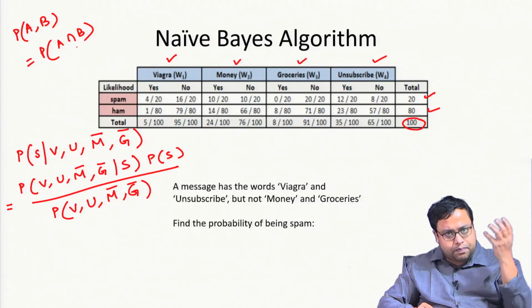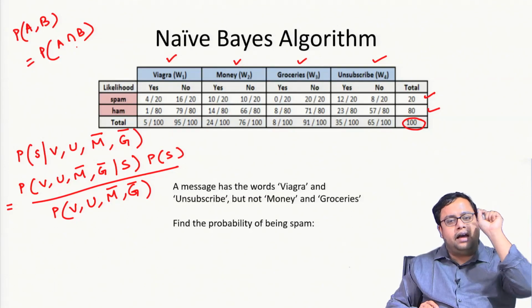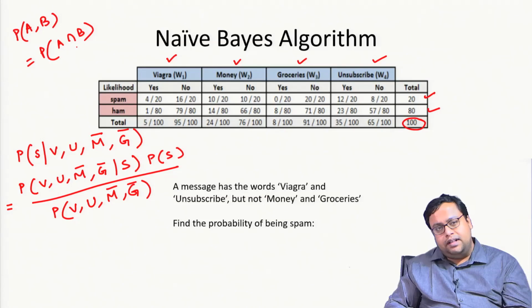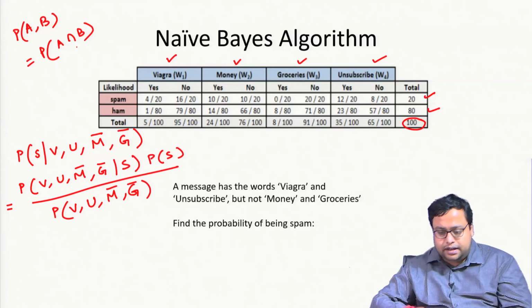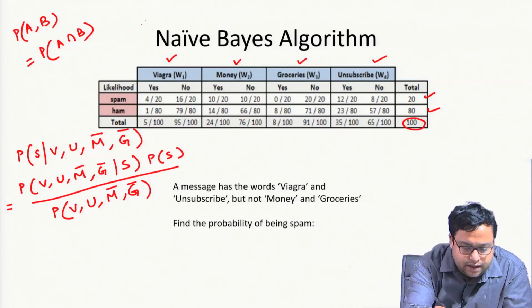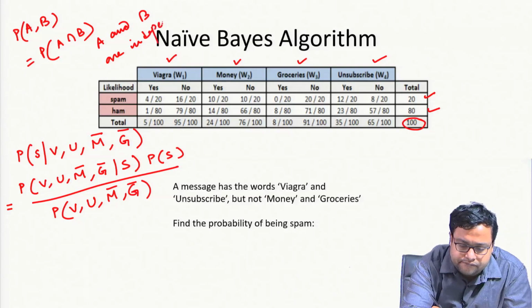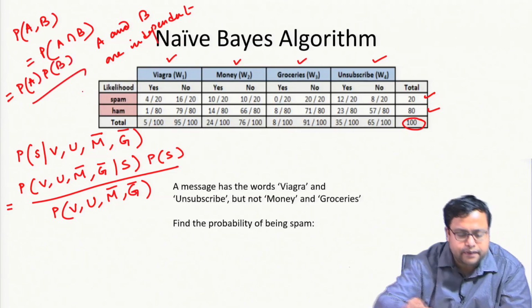The probability of having a grocery related email and having the word unsubscribe written there might be very high. So, they might be related, but for our simplicity purpose, we are assuming that these words are unrelated. Now, if A and B are independent, then P of A and B is equal to P of A into P of B, if you remember that formula.